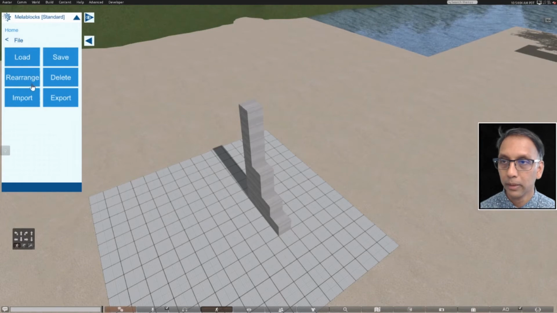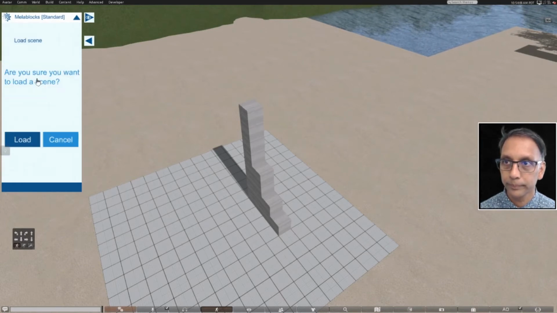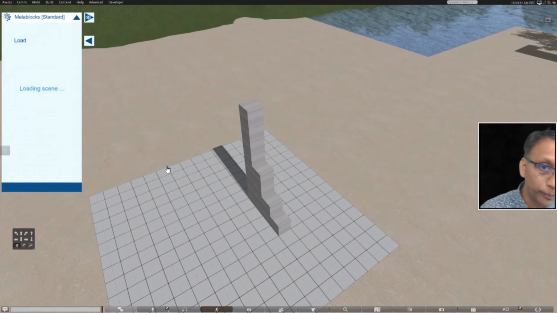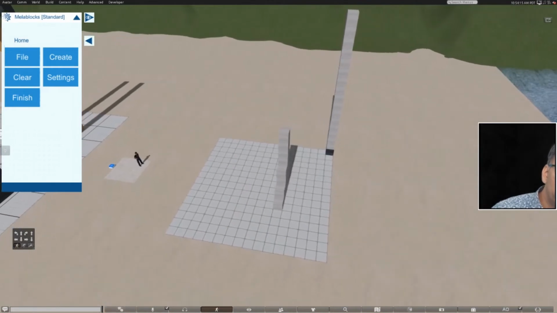So let me load the next frame, and you'll see what trick I used.